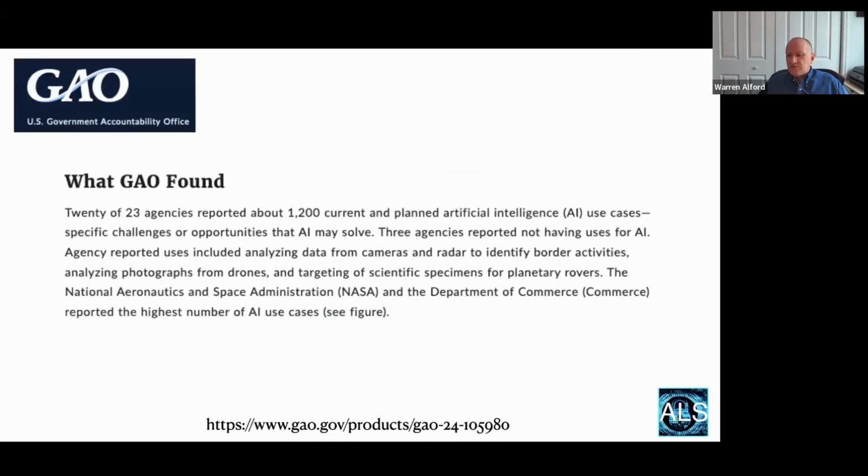So something that's interesting as far as the use of AI is the government use of it. So the Government Accountability Office actually did a report which was released on the 12th of December of last year, 2023, and it actually looked at fiscal year 2022, at what the government planned to do and the uses of AI that the government was going to use.